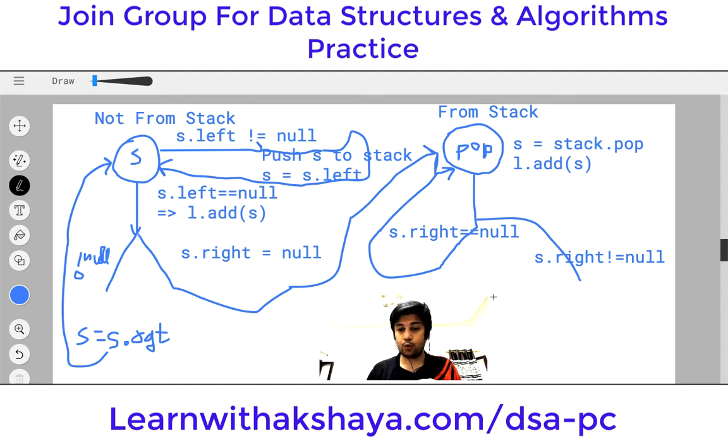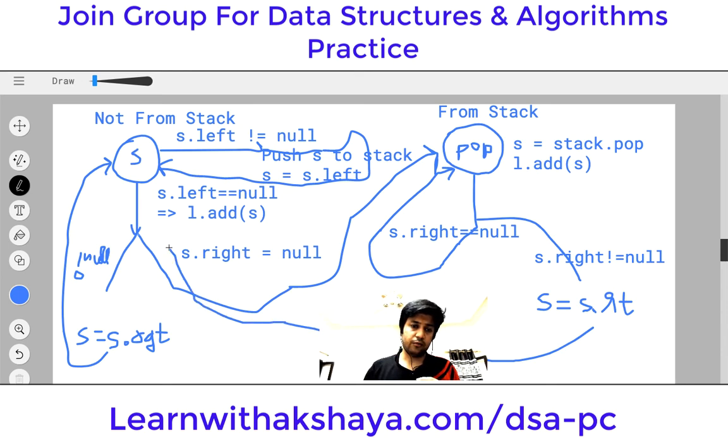But before we do that, we will have to do this: s is equal to s.right, and from here we will move to this. Okay, this is the explanation of the entire thing that we are doing.